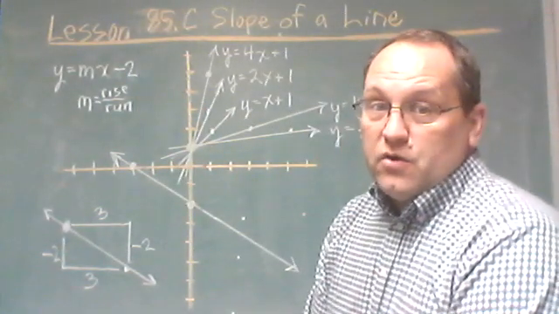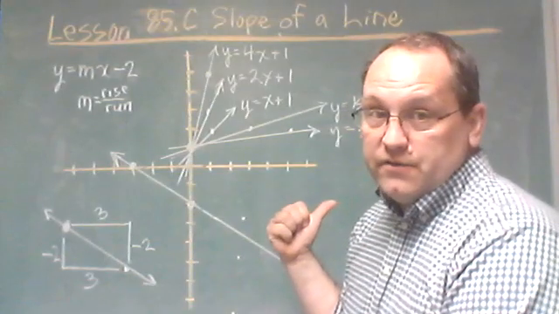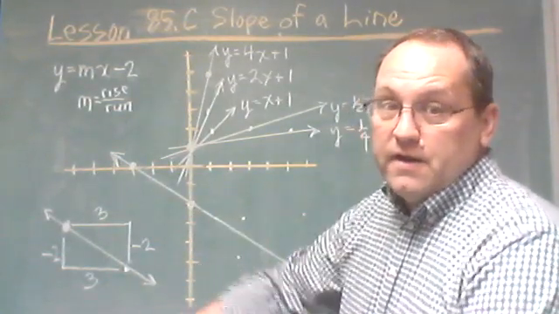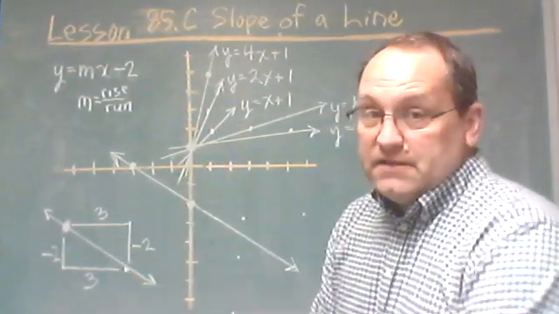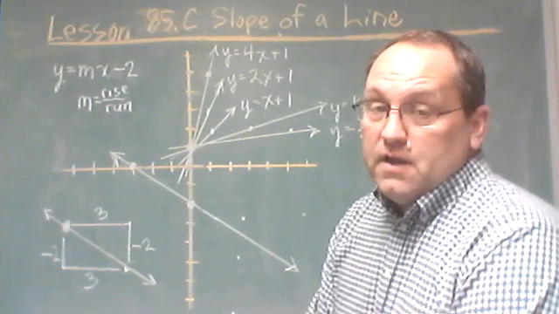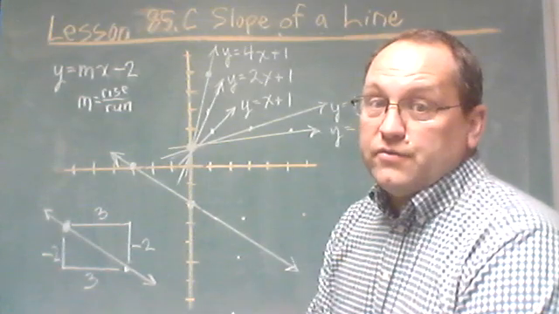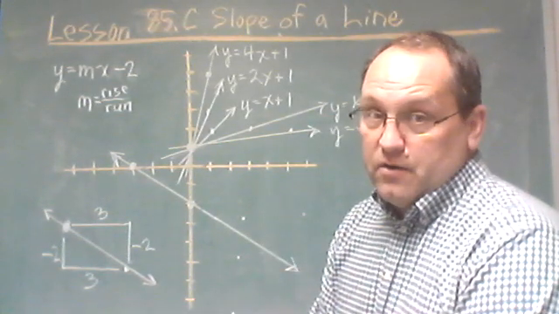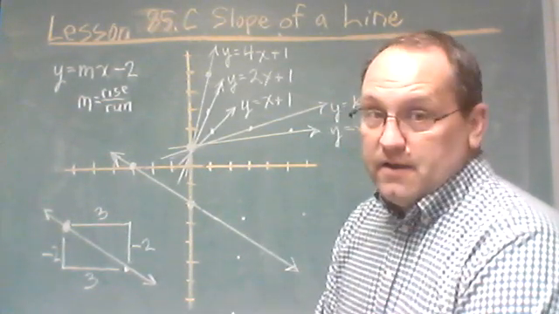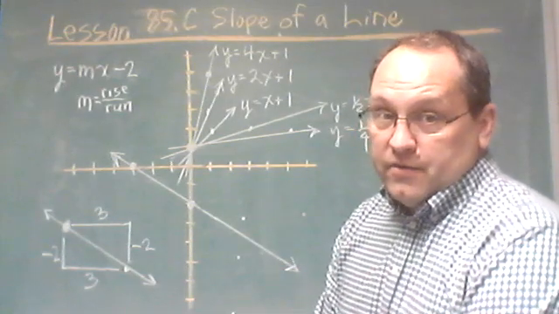To the run, we don't. The run is always to the right because we're reading from left to right. So if there's a positive or negative involved with that slope, we apply that to the rise, to the numerator, okay? So if you keep that in mind, you'll keep out of trouble.